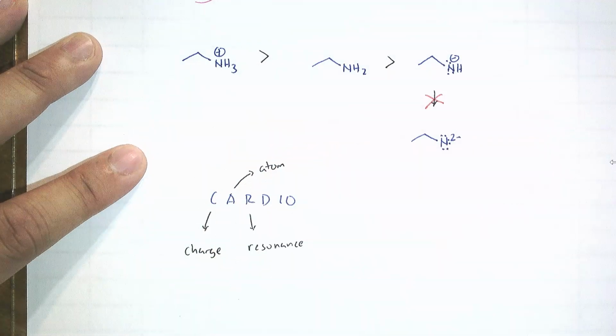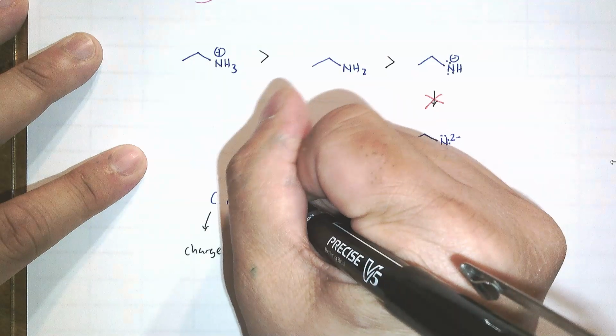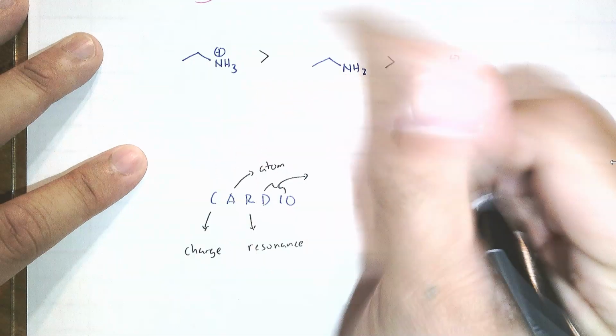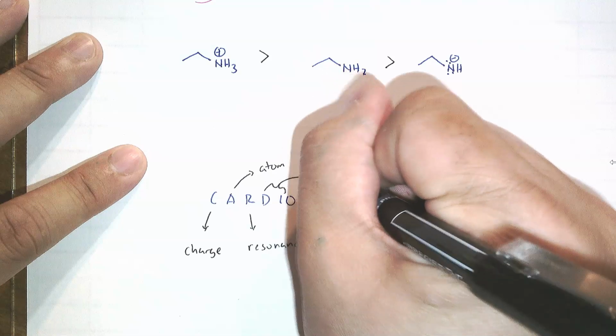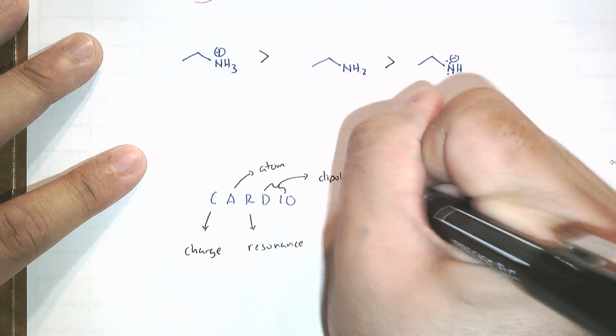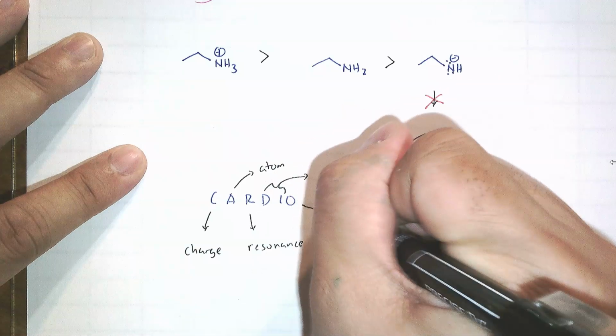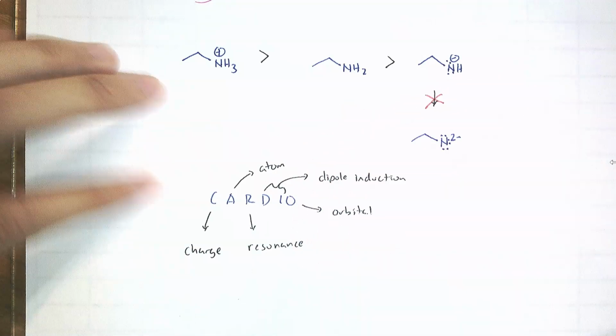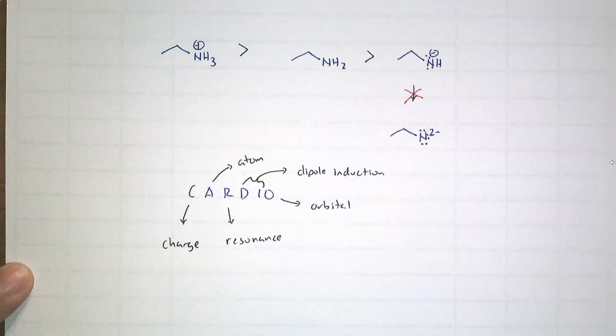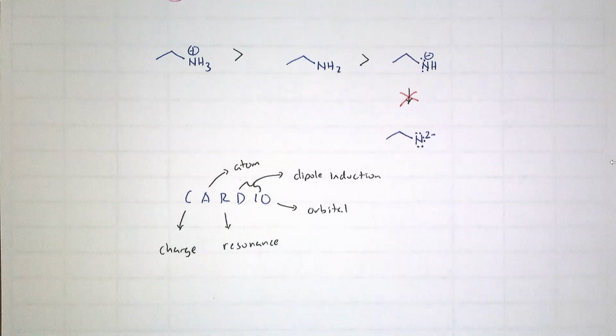I think they cheated a little bit. Di is I think dipole induction, and then O is still orbital. ARIO or cardio, whatever helps you.